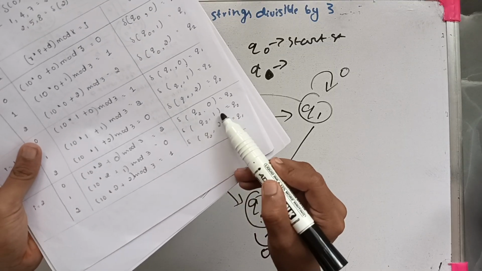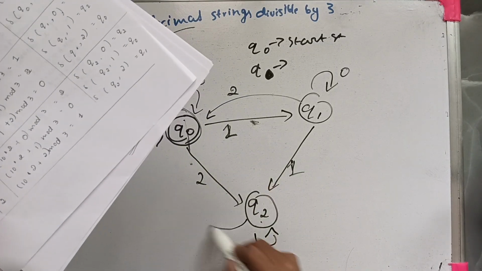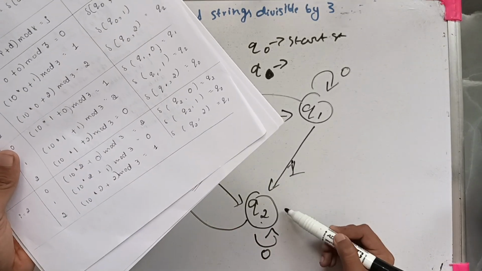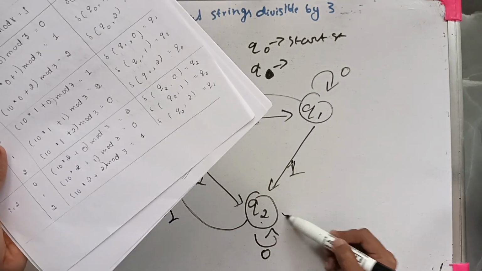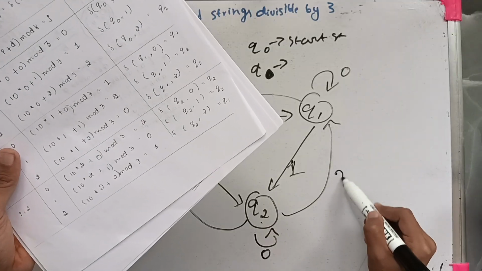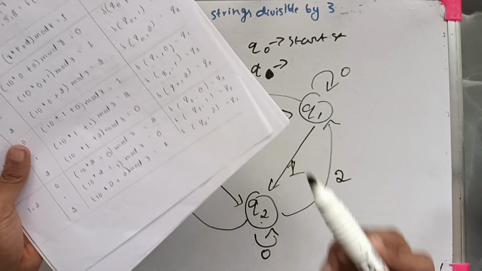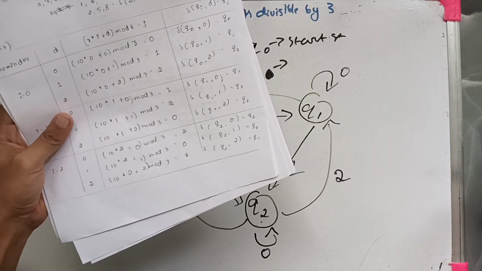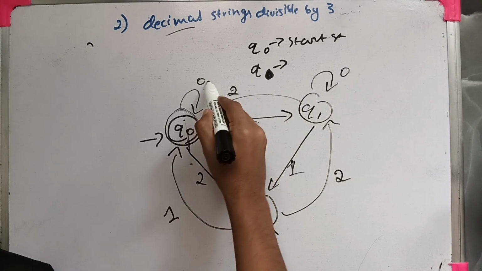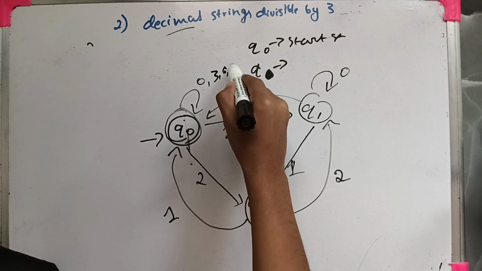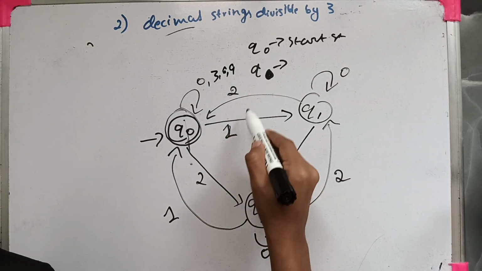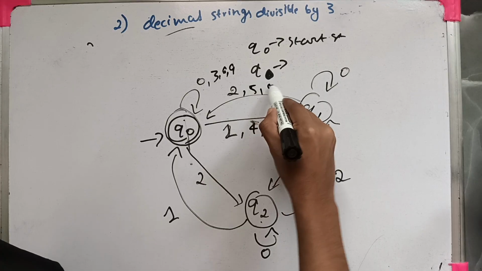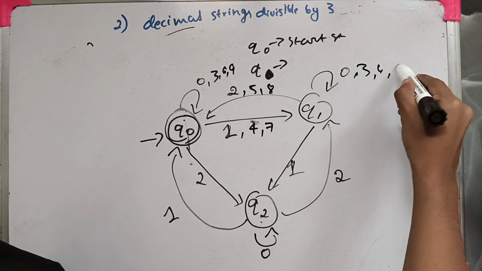Next in Q2, 1 comes, it goes to Q1, and in Q2 if 2 comes, then it goes to Q1 state. Okay, and we know that 0 means it consists of 3, 6, 9, correct, and 1 means 1, 4, 7 and 2 means 2, 5, 8. So write the same for all.